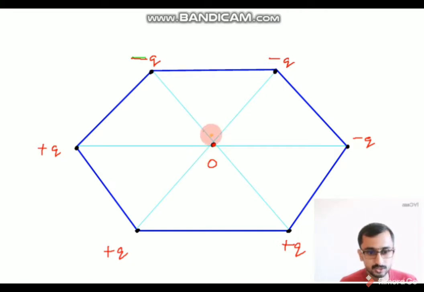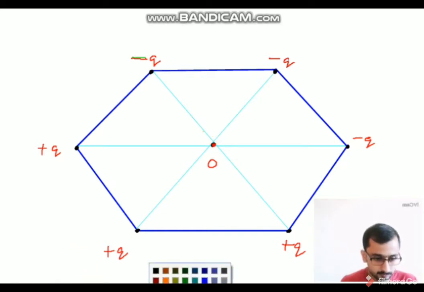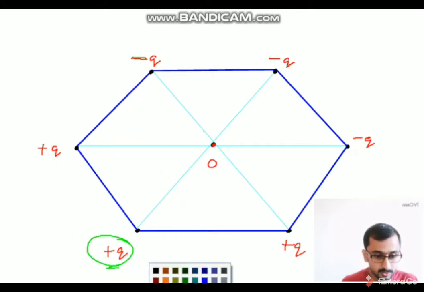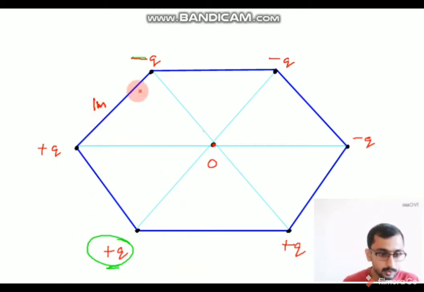Now here certain charges are positive, certain charges are negative, right? Now let's consider one particular charge. This is positively charged, and given that each side of the hexagon is of length 1 meter, this is 1 meter, this is also 1 meter.